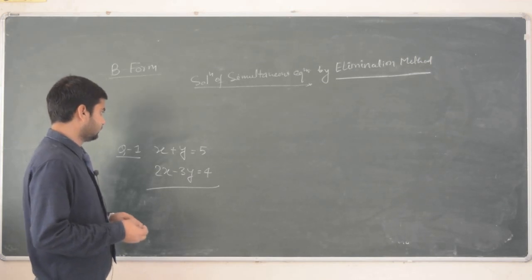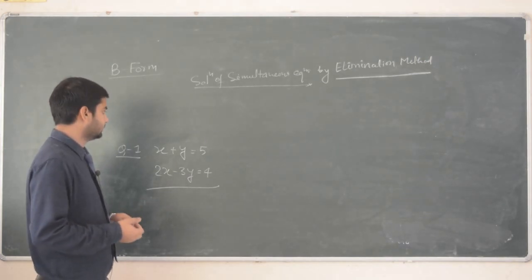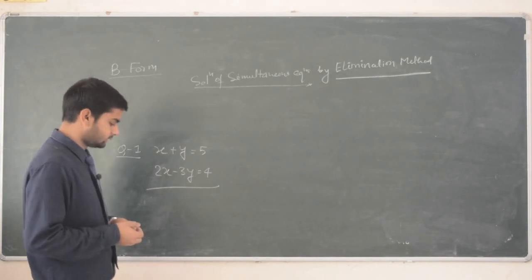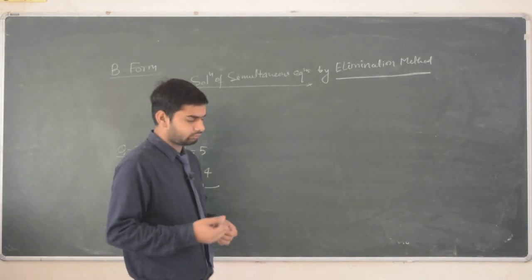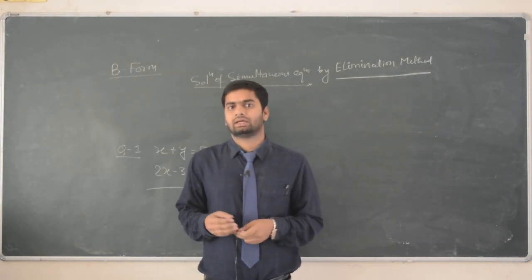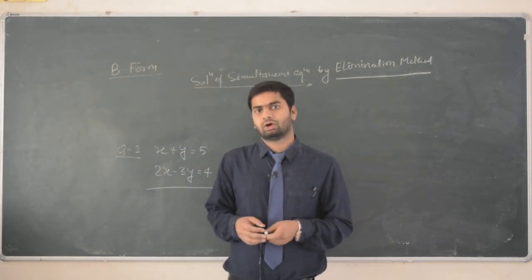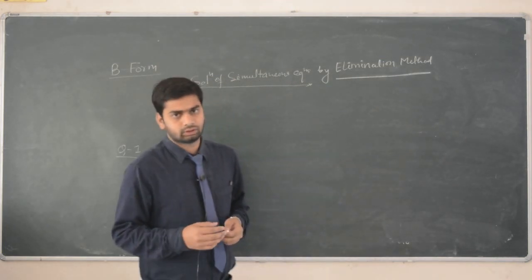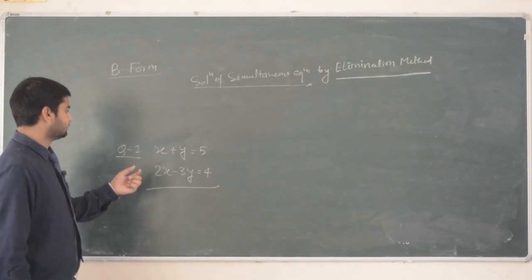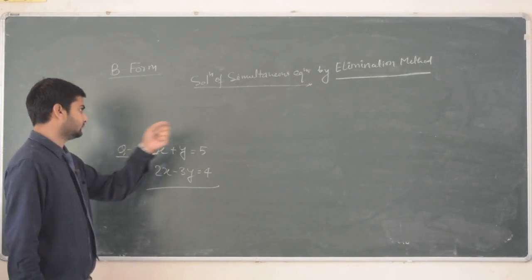The resulting equation is in one variable, and by solving it we can easily get either x or y, and by putting that value of x or y in equation 1 or 2 we can get the value of the second variable. So here we have one problem, and I am going to explain this concept through it.